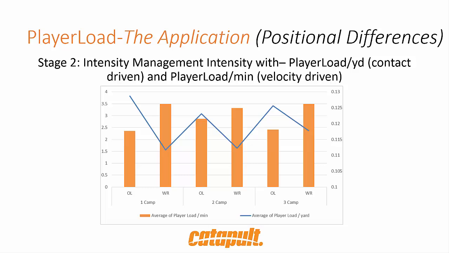So this just highlights the visual aid of why I'm advocating using different metrics for different positions. And we have that blue line showing us what that player load per yard looks like, and you can see the O lineman versus the wide receiver, and how the wide receiver is a lot less than the O lineman in terms of this player load per yard.